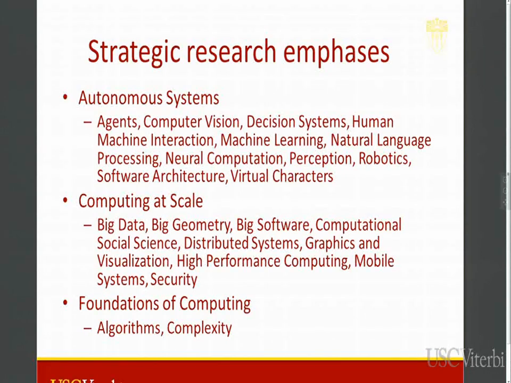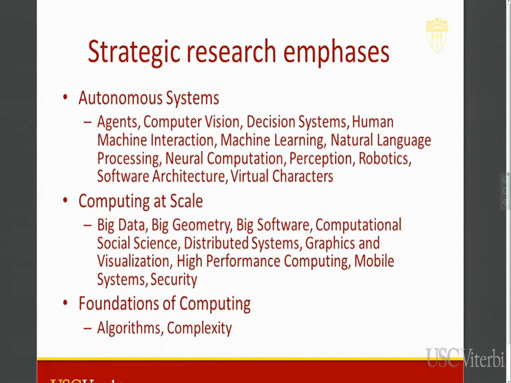Each one consists of faculty and PhD students working together in these areas, and several faculty, of course, span multiple areas. In computing at scale, which is largely the systems side of computer science, we focus on big data, big geometry, big software, computational social science, distributed systems, graphics, visualization, high-performance computing, mobile systems, security.